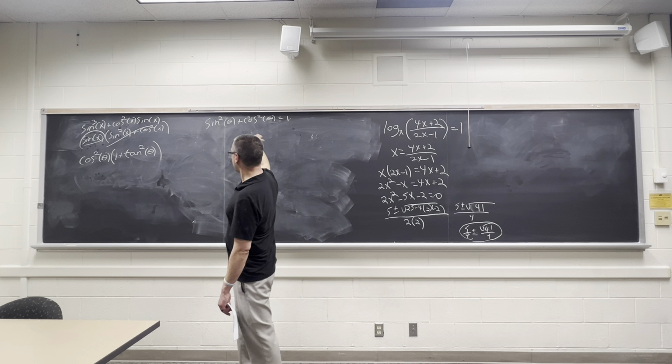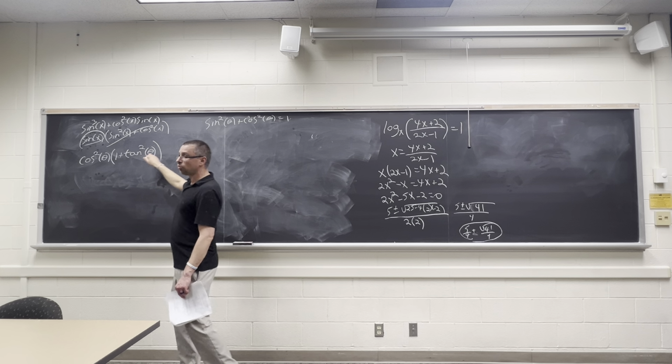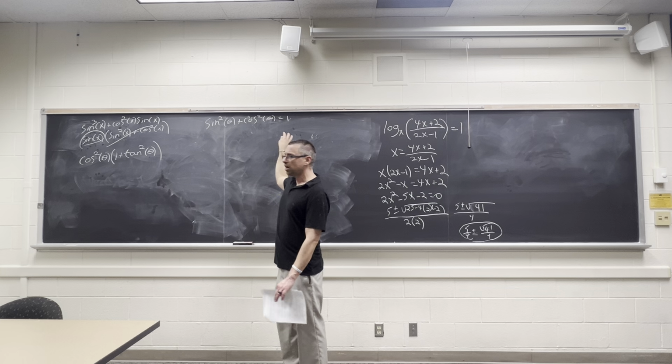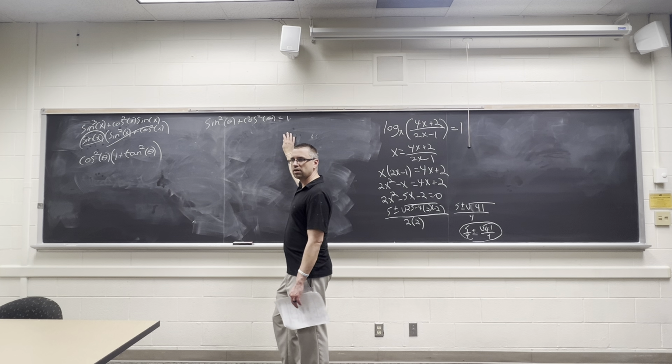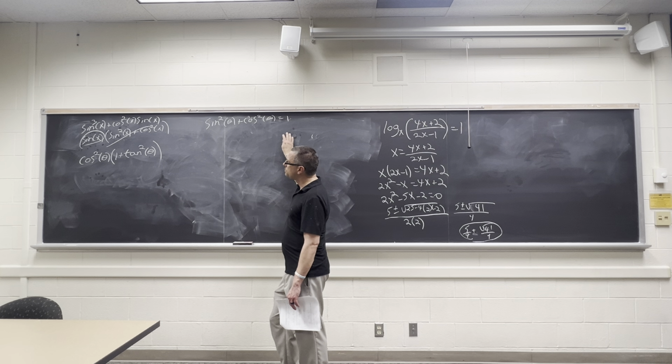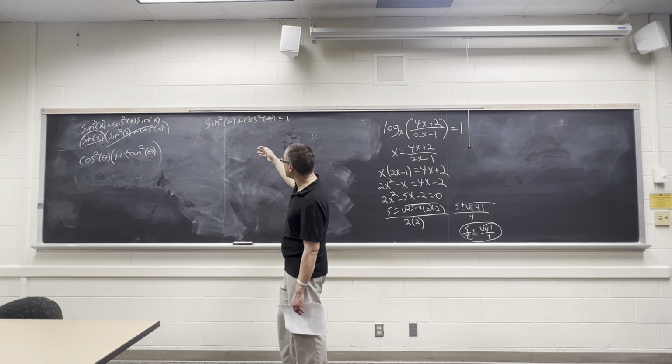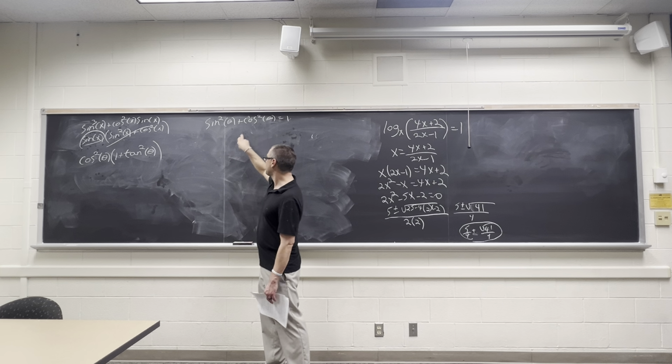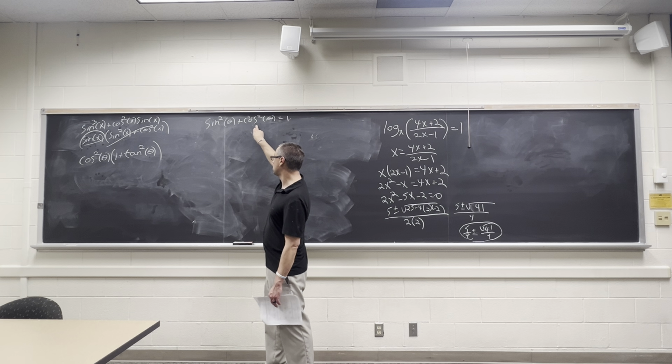And then you look at that and you say, well, a 1 plus tangent squared, what can you do? You can get all the other identities from this. If you divide everything by sine squared, you have a 1 and a cosine squared over sine squared, which is a cotangent.